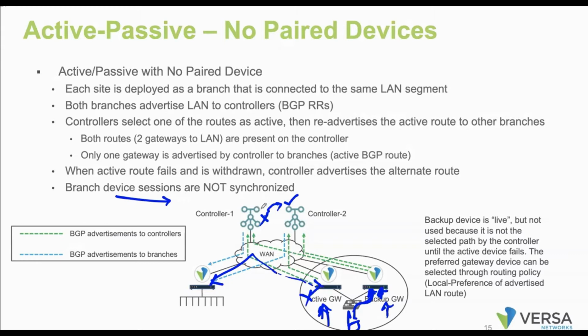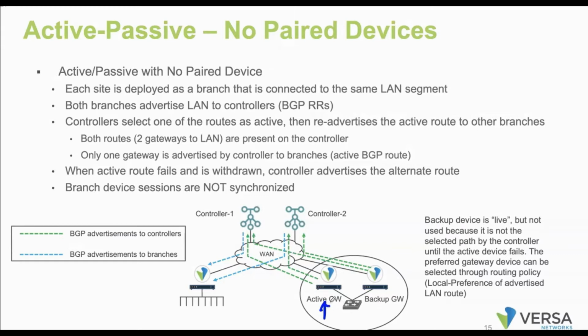Okay. This is the first type of implementation. So the active passive, without paired device. So we are relying on the BGP process in order to select the best route, and the best route will be advertised to the remote branches. Okay. Right. So now, as we are relying on the BGP process, we have total control. Okay. So which router to be made as a primary device? Okay.